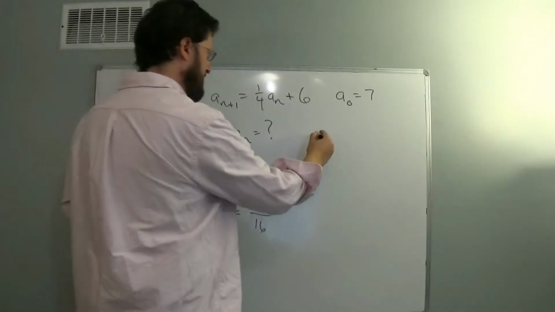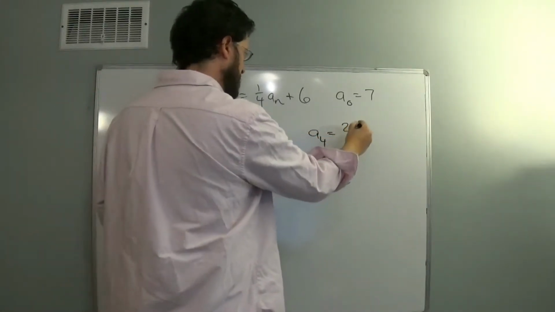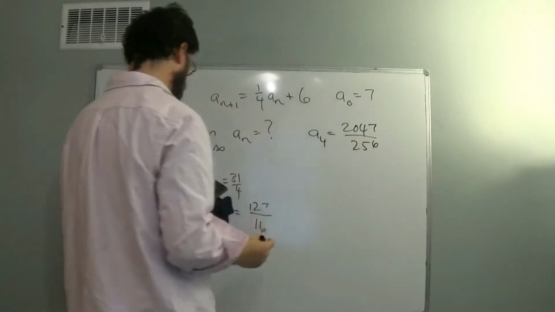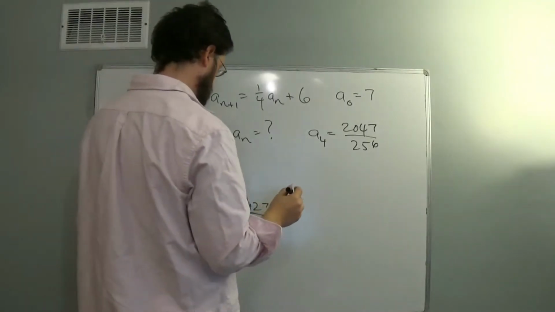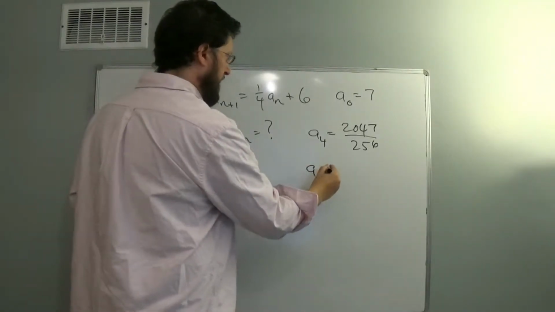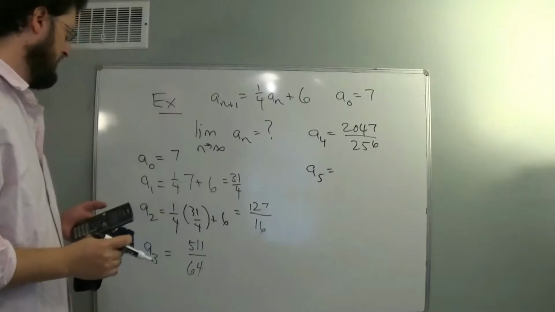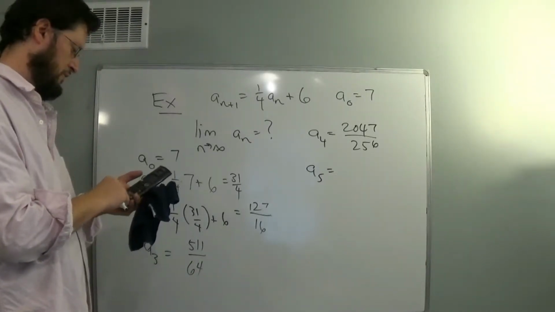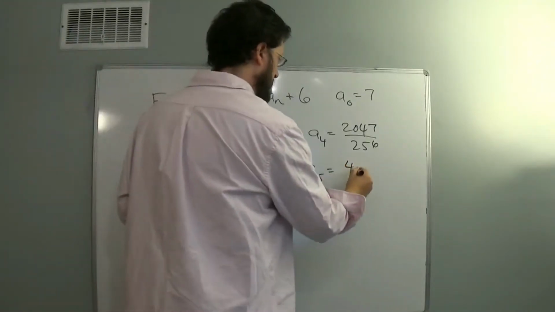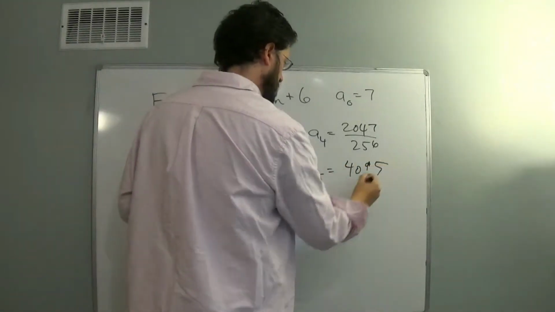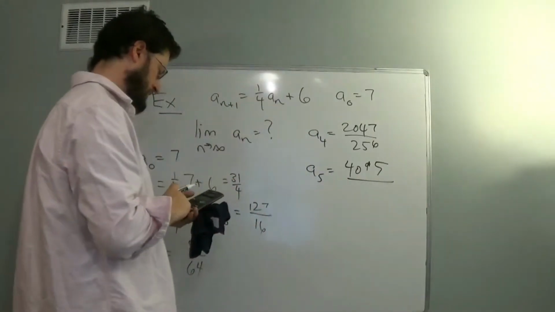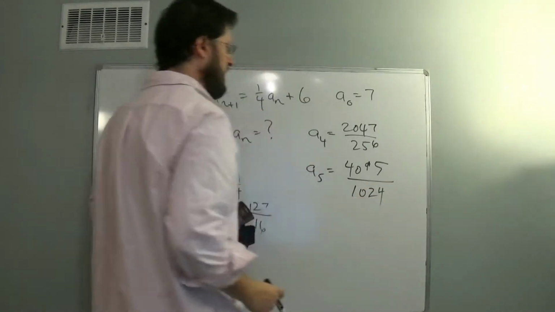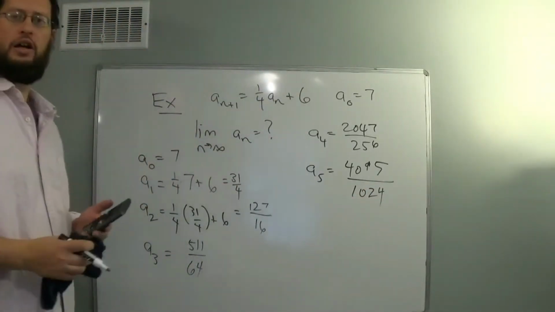And if we keep going, I'll find that A4 is 2047/256. And A5 is 4095 divided by 1024. And we're going to start looking for a pattern just at this point.